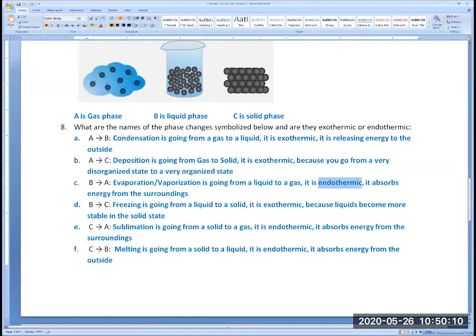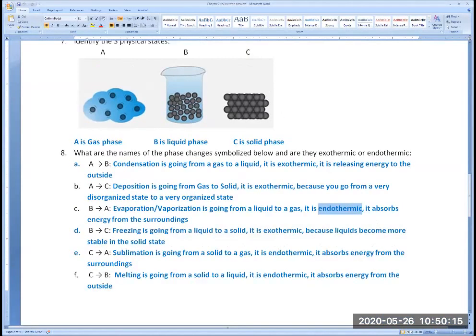The general idea is that when you go from a very organized state to a less organized state, for example from solid to liquid, this will be endothermic. You will need to provide energy to break these attractions that hold the molecules together in the solid phase, so that the liquid can be more free to move, and will have more kinetic energy because it can move more.